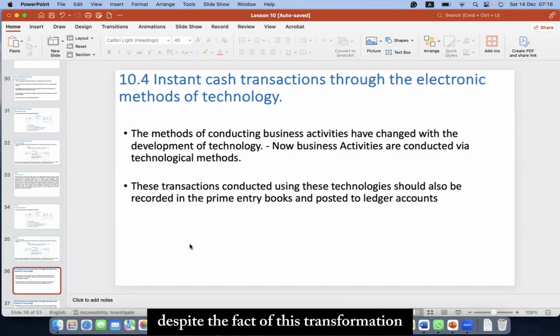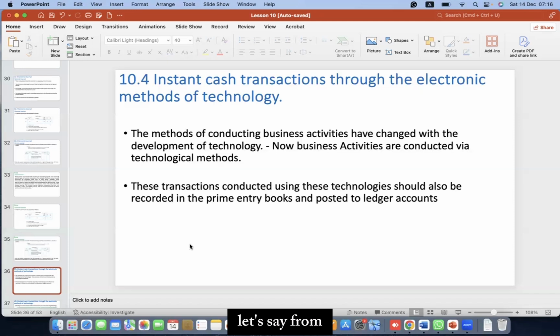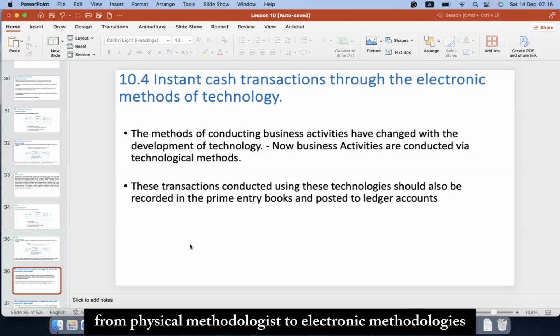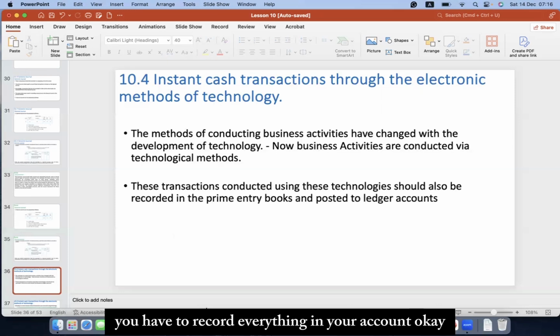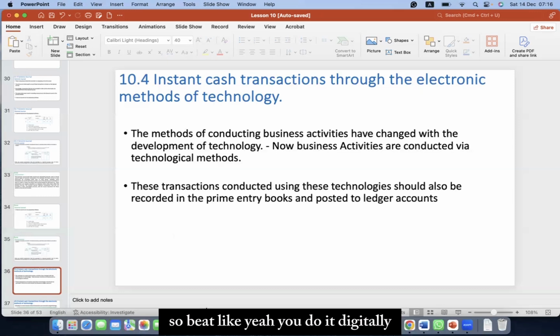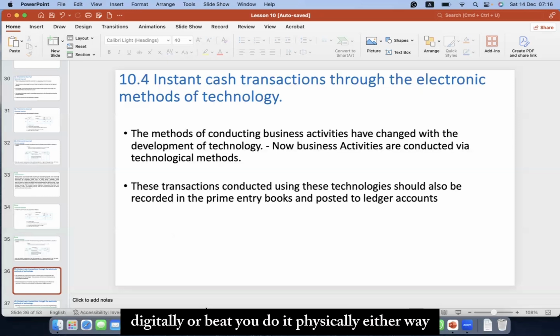Despite this transformation from physical methodologies to electronic methodologies, what still matters is that you have to record everything in your accounts, because accounting is a process where you assess your company's situation from a financial perspective. So whether you do it digitally or physically, either way you have to record it in your accounts.